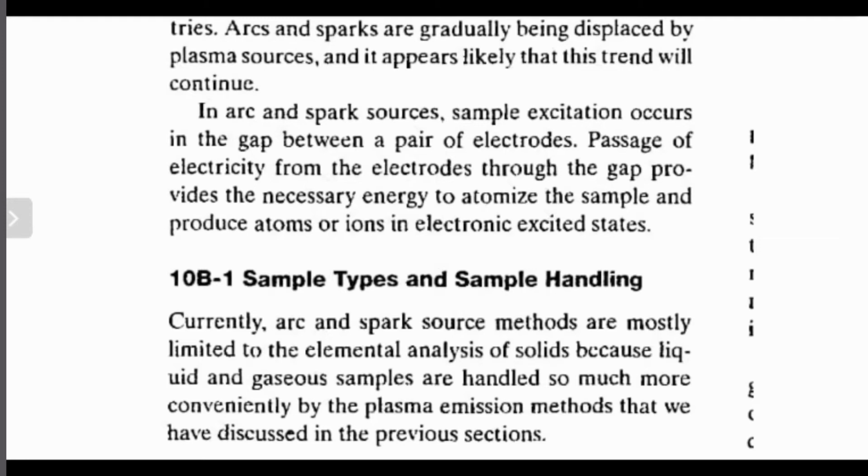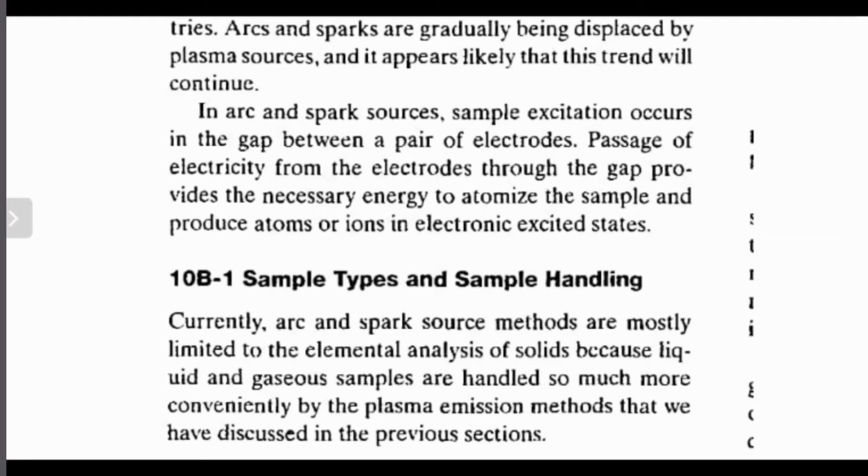So for the excitation of our ions, one thing is that the two electrodes must be in close contact with each other with very high voltage. The passage of electricity through the gap produces the necessary energy to atomize the sample and produce atoms or ions in the electronically excited state.